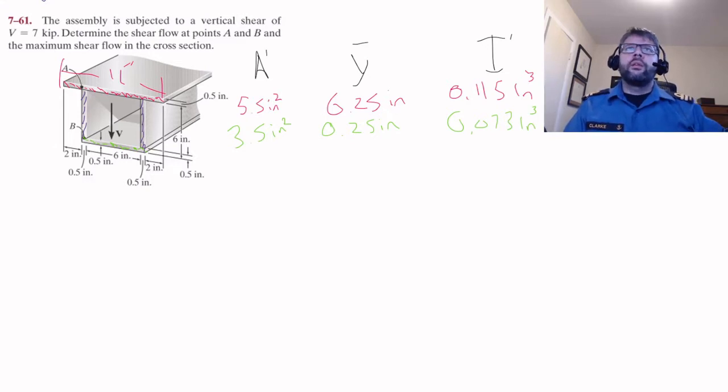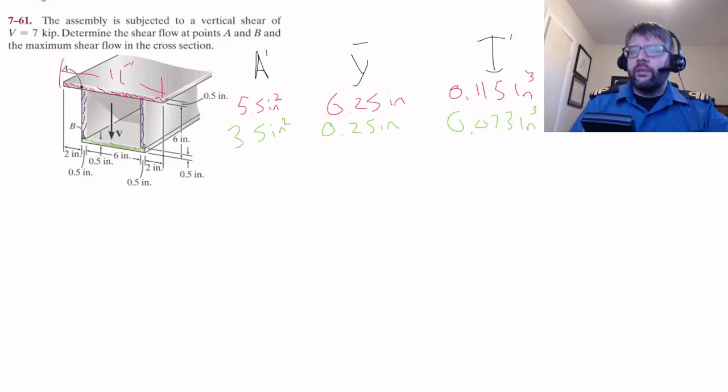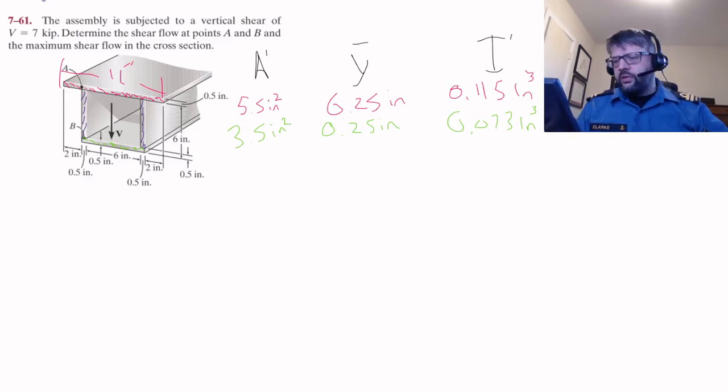And then the purple. This is per each one, so later on we'll multiply by 2. Its height is 6 inches minus the 0.5 inches, so 5.5 inches times its thickness of 0.5 inches. So total area 2.75 inches squared.